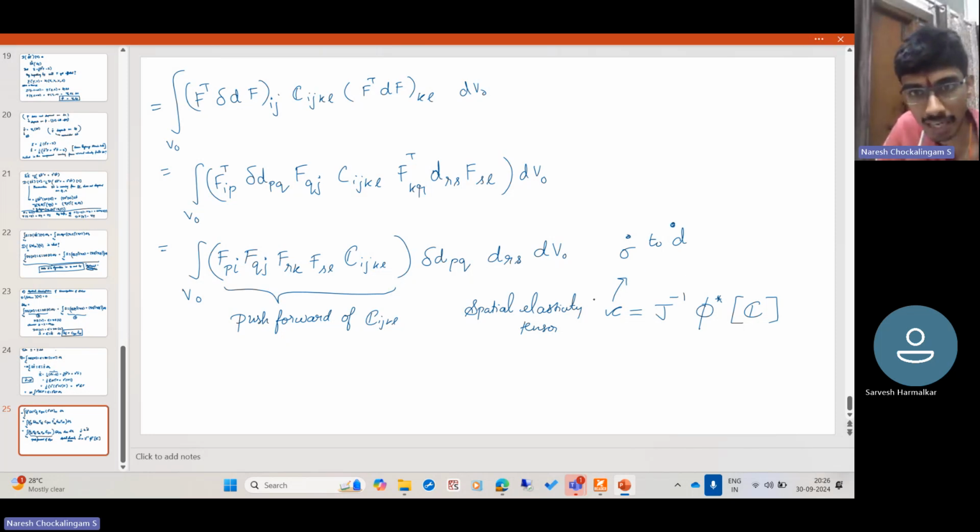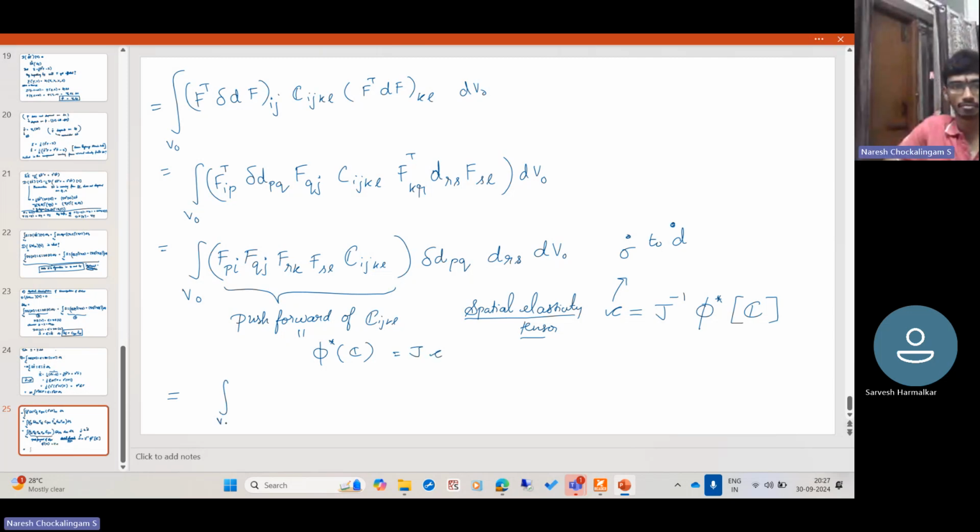So the spatial elasticity tensor, which relates sigma dot to D dot, was J inverse times push forward of the material elasticity. So this is P star of C. So I can write this as J times C.